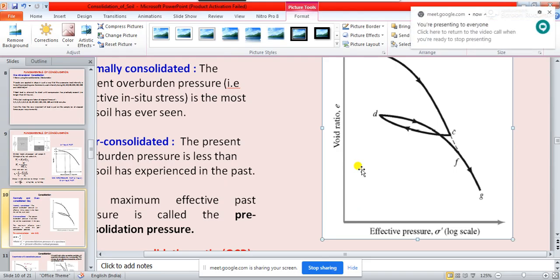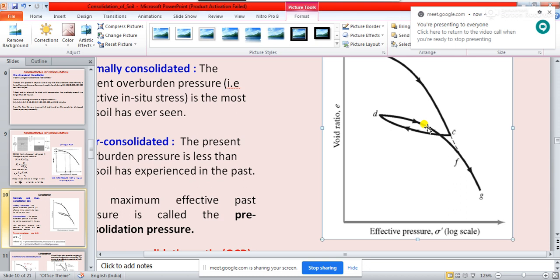So when we will be talking about the settlement calculation for this over consolidated clay, then we must understand this portion of the curve. Okay, and you understand why it is coming? It is coming because initially it was under much stress, but that has been relaxed.